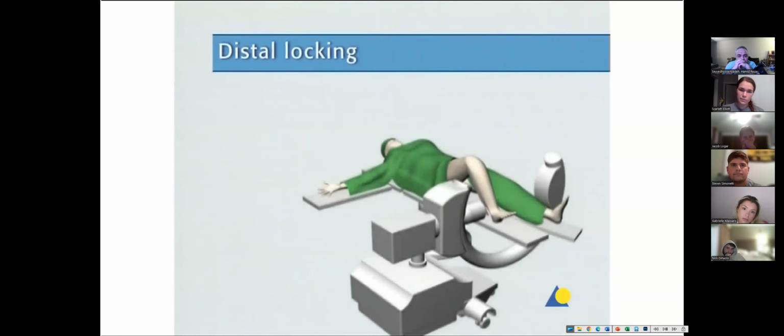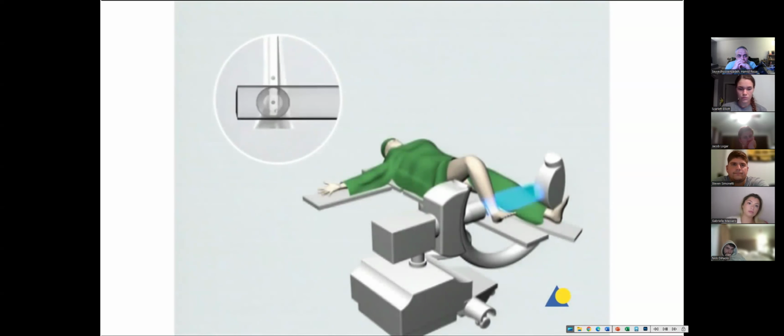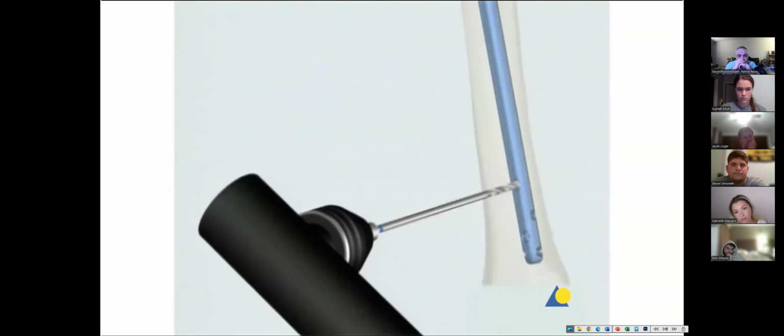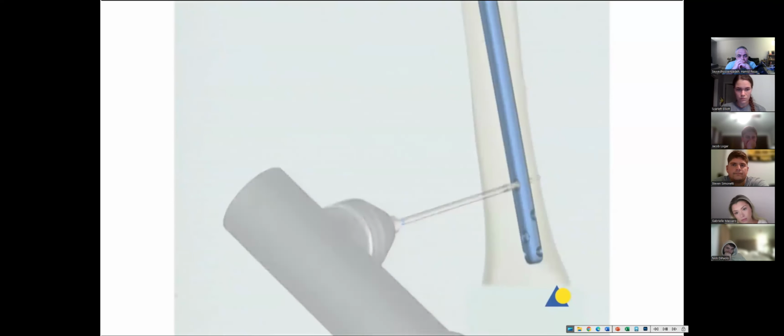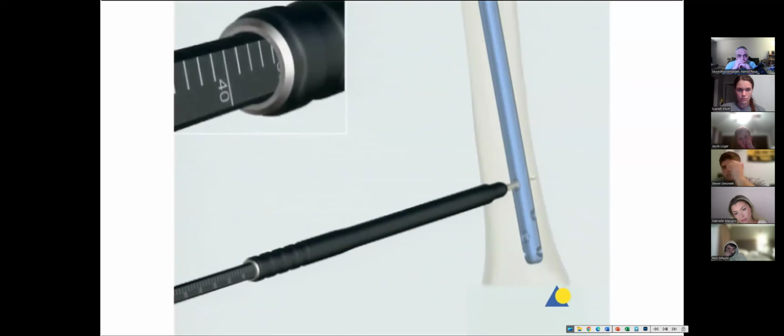Although distal locking will not be done in this exercise, it is briefly introduced here. The final nail position is checked with the image intensifier in the AP and lateral views. The steps shown are similar for proximal interlocking and will be explained later. Either 4.0 or 5.0 millimeter locking screws are used, depending on the nail diameter.